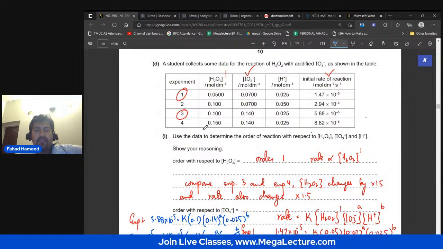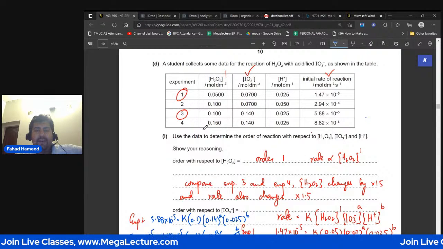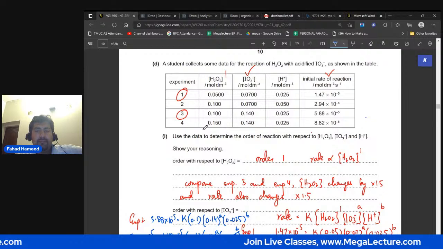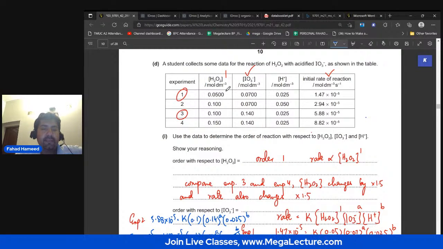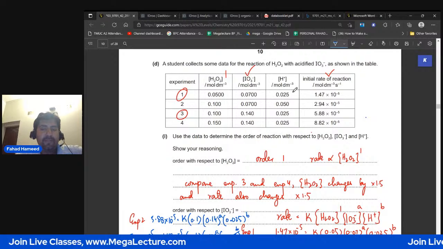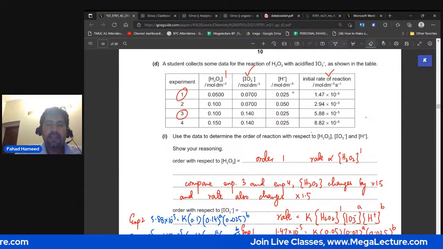Now the other thing is, how do you figure out the order with respect to H plus 1 over here. The way you're going to figure this out is kind of easy.